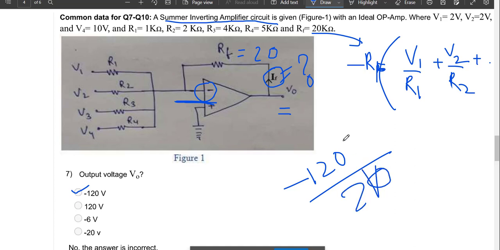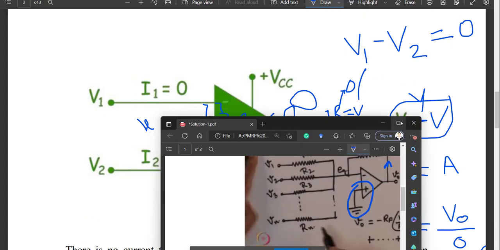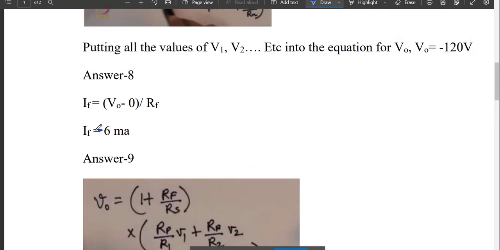Yes. This comes as minus 6. Minus 6 milliamperes, right?